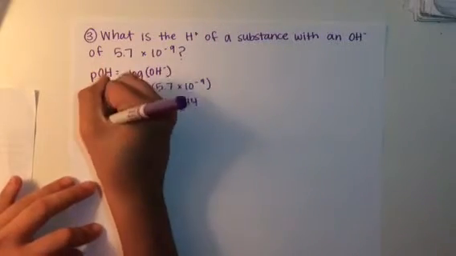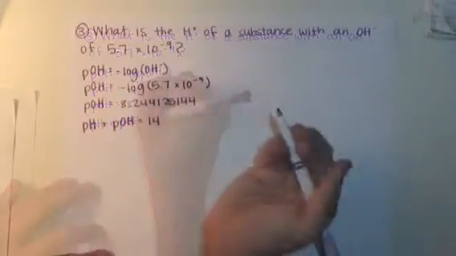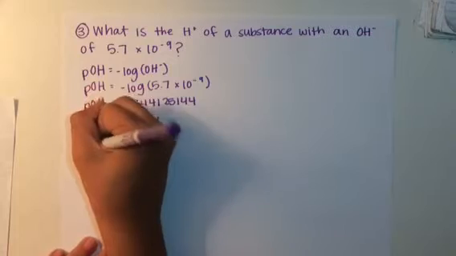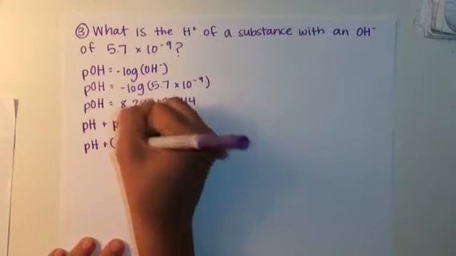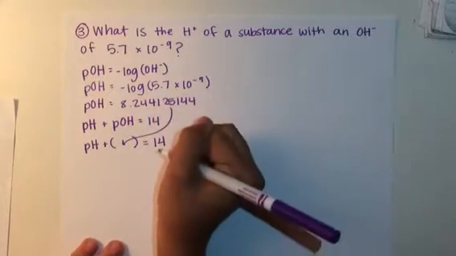So now we're going to use our formula again. pH plus pOH equals 14. So then when we plug in our pOH, it'll be pH plus this number, don't want to write it all out again, equals 14.